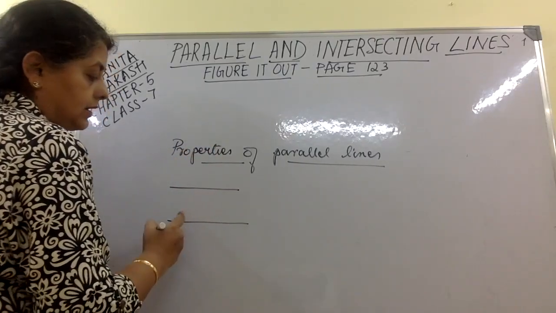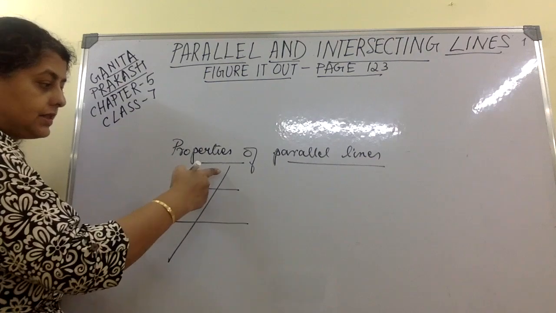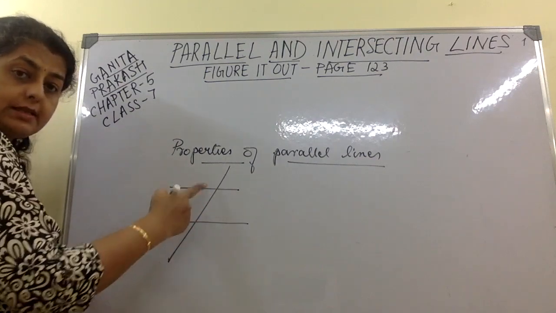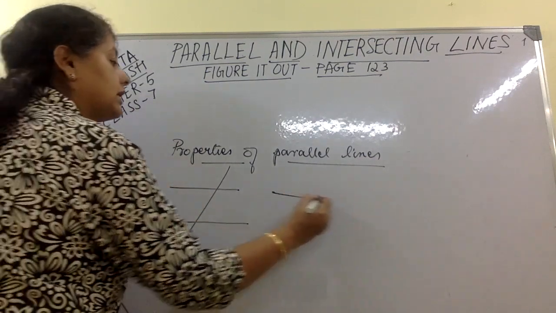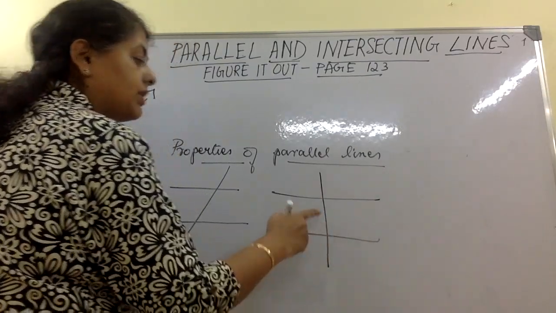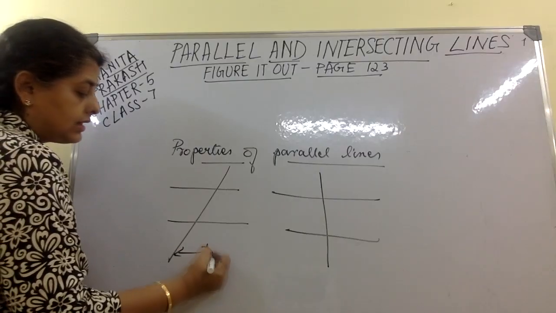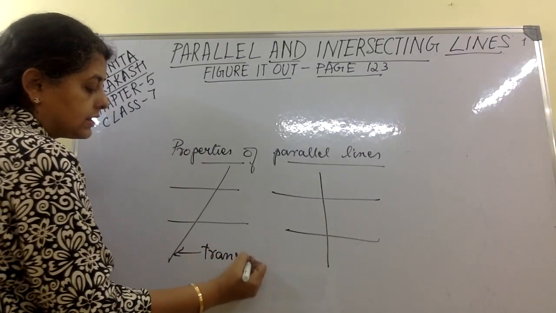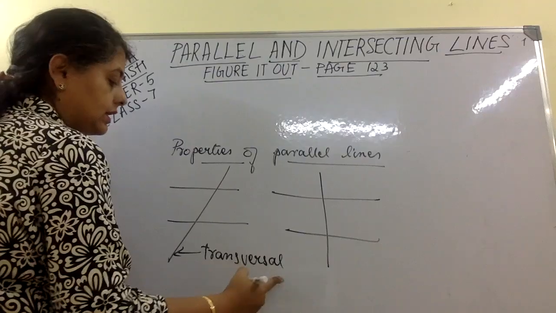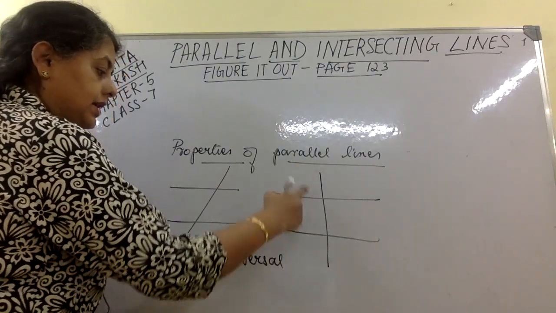If you have parallel lines like this, the line which cuts both of them, which intersects both of them, is called the transversal. It can also cut like this, but the line has to cut both of them. Here this line is the transversal.